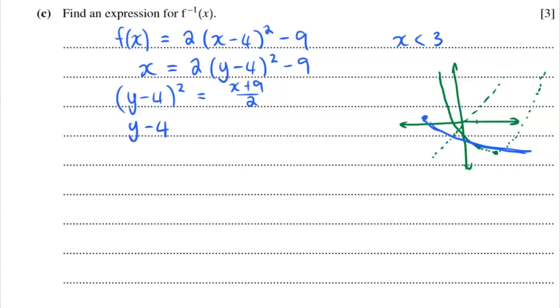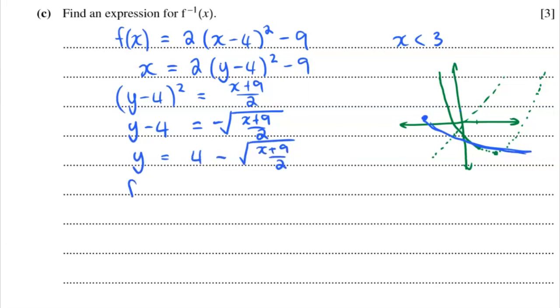So we have y - 4 is equal to the square root of (x plus 9) over 2, and we actually only want the negative version, because as you look at the graph, you would say, oh, as x gets larger, y is negative, and so we want the negative answer. And so our answer becomes y is equal to 4 minus the square root of (x plus 9) over 2.